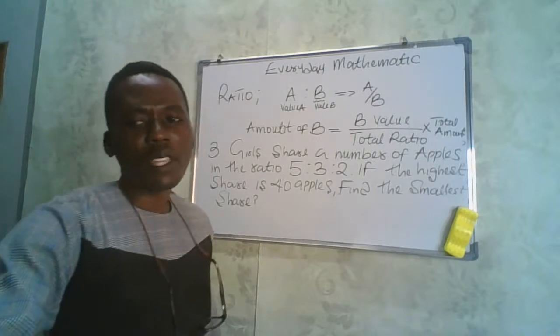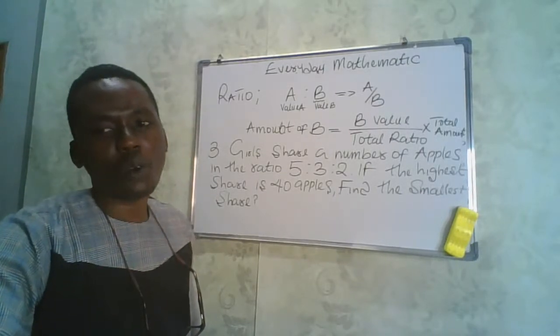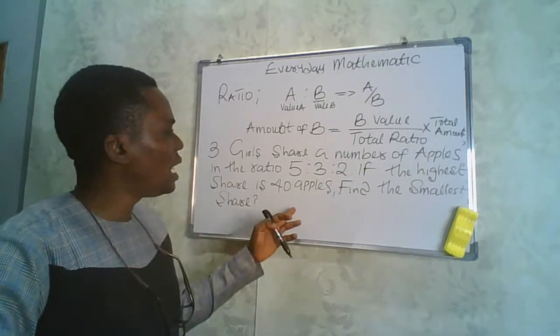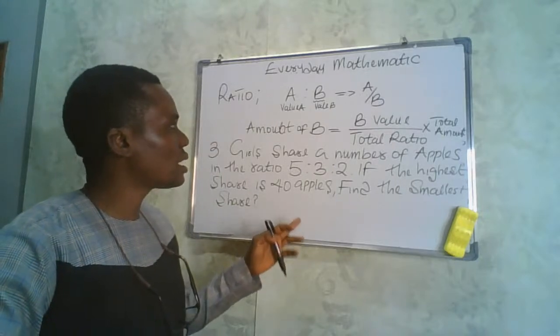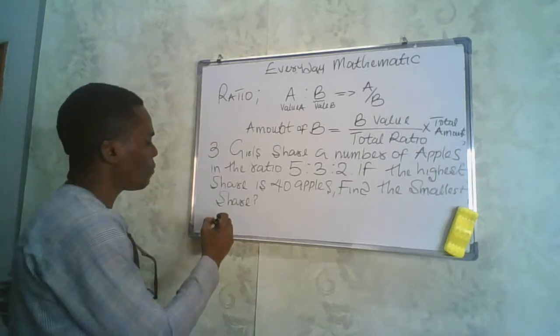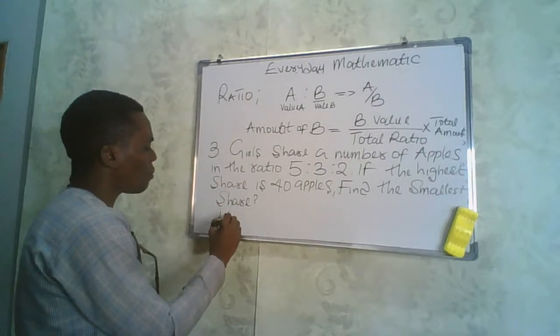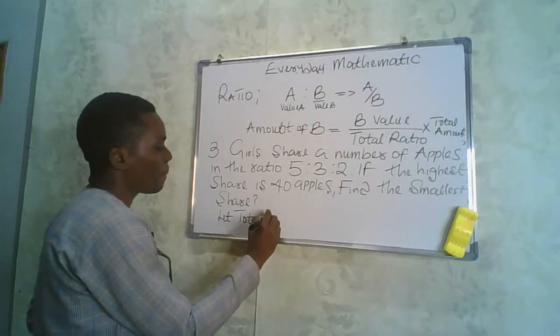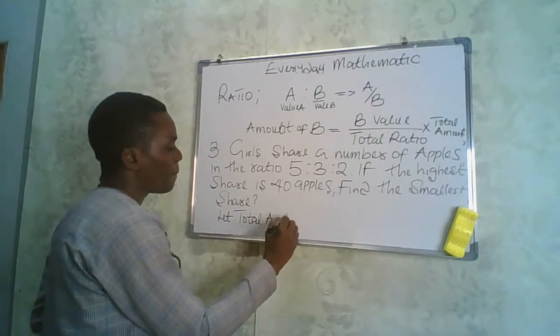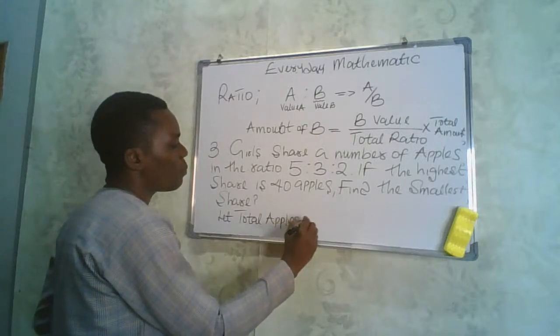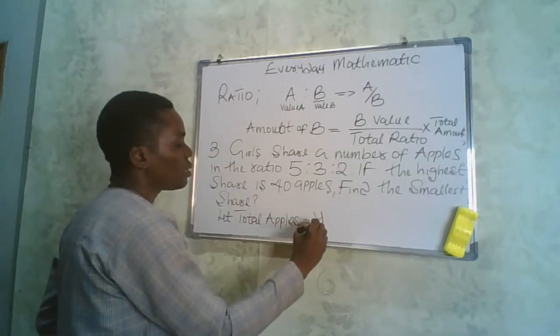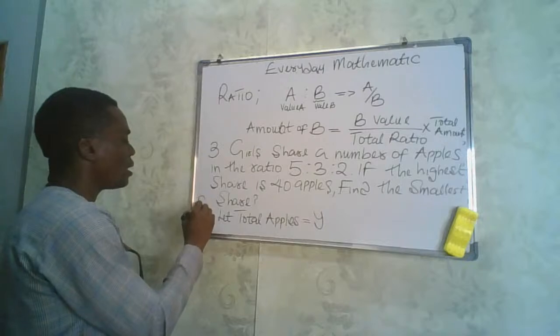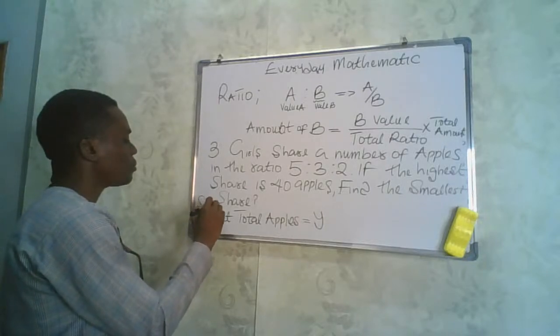Whenever you're given a question like this, the first thing that should come to your mind is to let the total apples be a certain variable. Let the total apples be y. Now, this is the solution.